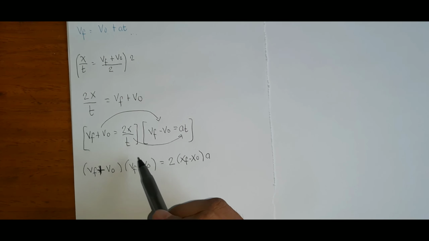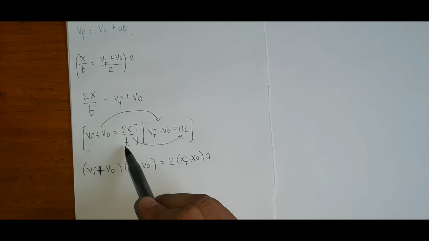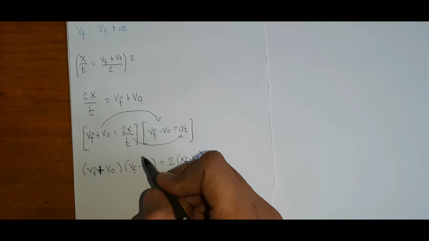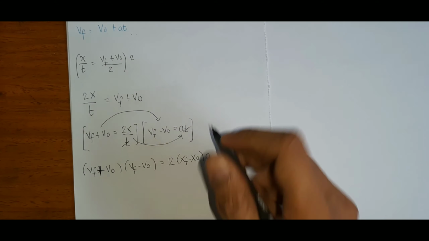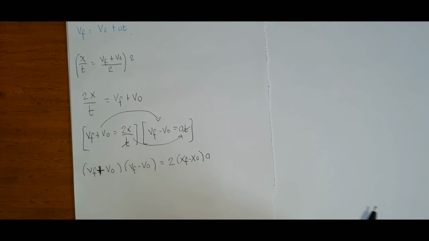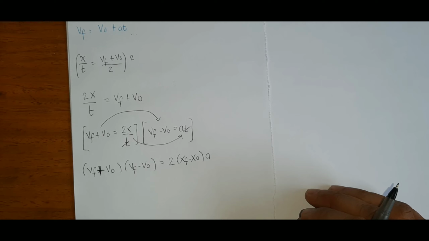Okay, so as you can see here, t is in the denominator and the other t is in the numerator. You can cancel this one. So t is cancelled out. On the other side of the equation, what you will have is only 2 times x sub f minus x sub o times a.